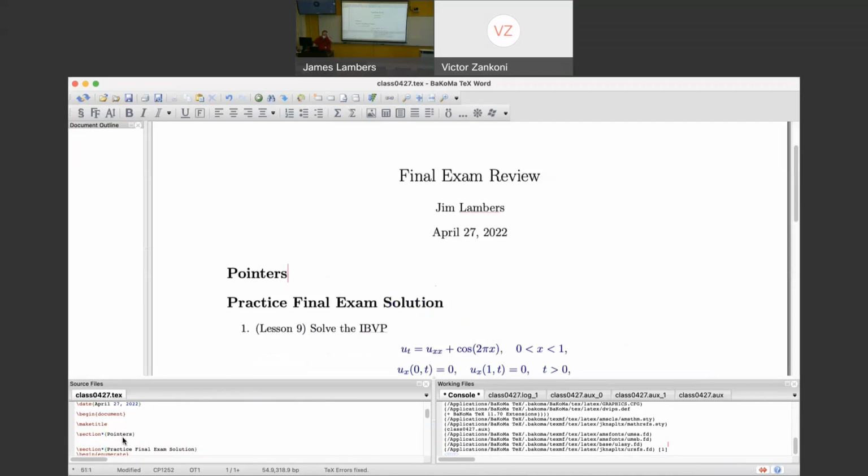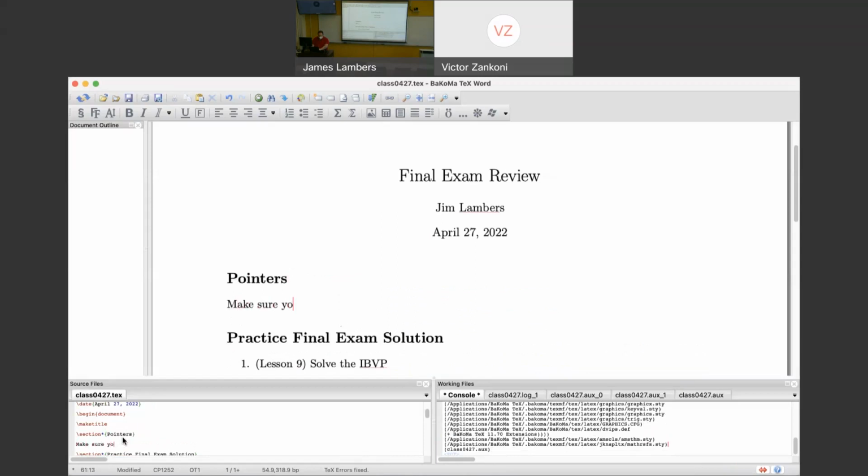Okay, now I remember giving this advice for the first test too, but it's certainly worth repeating. Make sure your solution has the correct form.